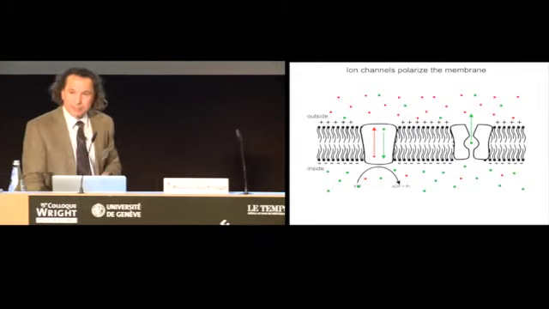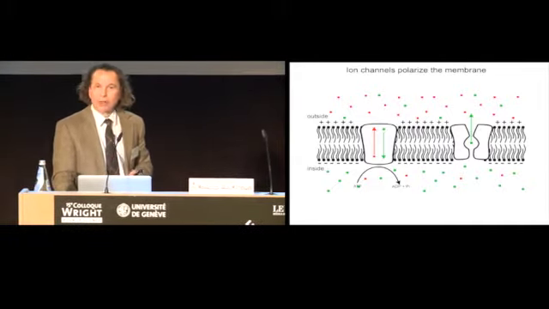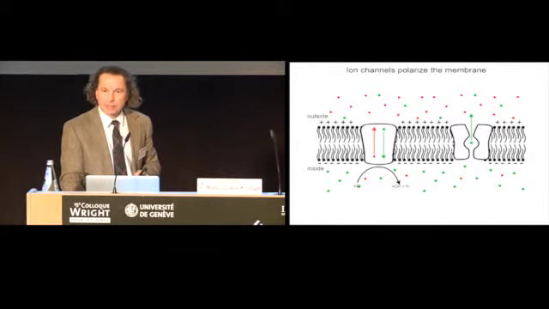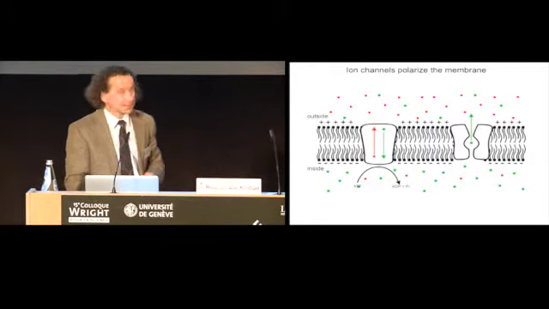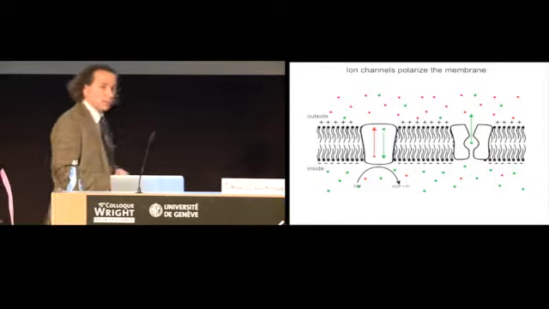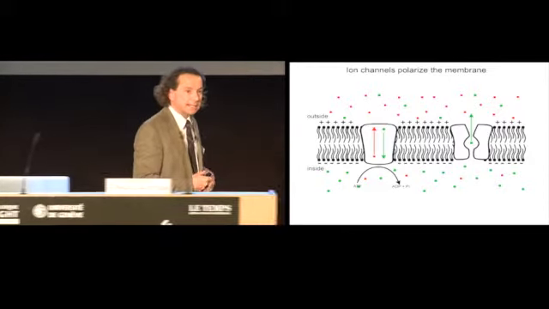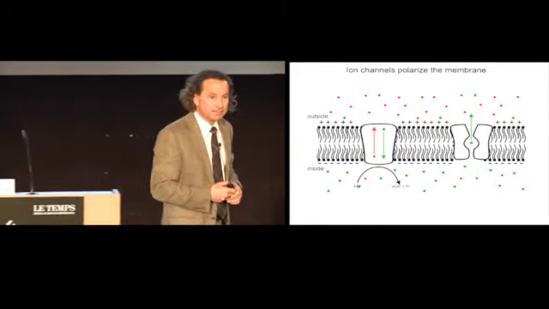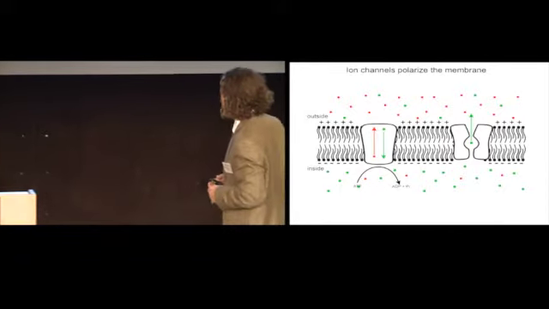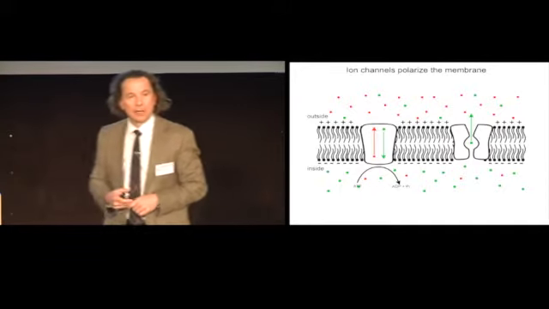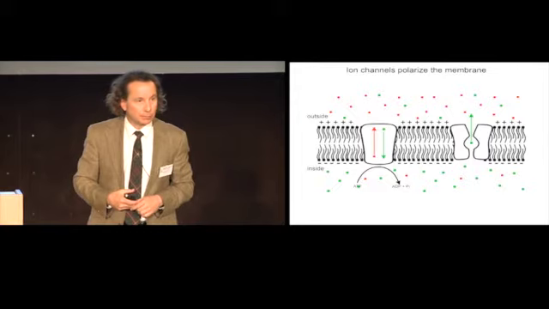Just before I talk about that, I want to show you just briefly how we determine the molecular architecture. In our case, we use a technique called X-ray crystallography. And in this technique, you have to first make a crystal of your protein.